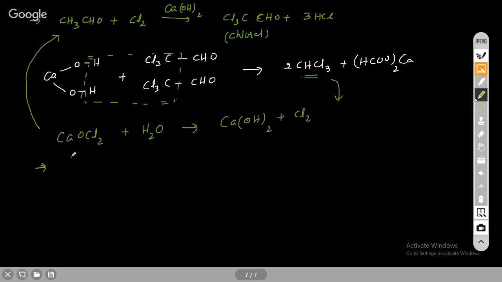You'll get AgCl. Another reaction you see here: if this chloroform CHCl3 is allowed to react with HNO3, nitric acid, it gives you CCl3NO2 plus H2O.